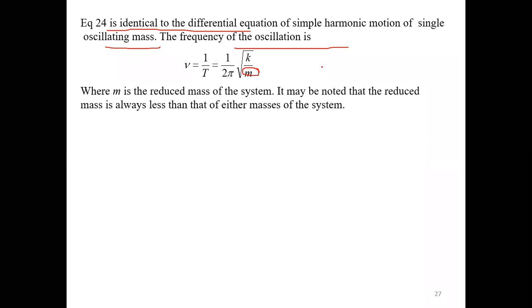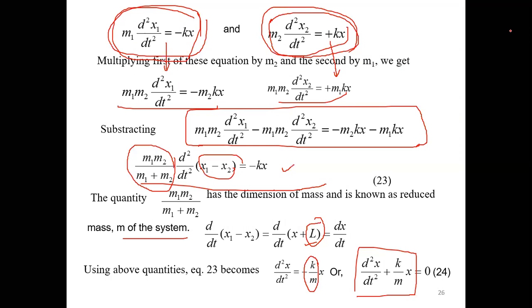Now in this case, m is connected like 1 by m equal to 1 by m1 plus 1 by m2, because you know that m is m1 m2 divided by m1 plus m2. So here m is the reduced mass of the system. It will be noted that the reduced mass is always less than either mass of the system. If you look at it, the reduced mass is m1 m2 by m1 plus m2, so it will always be less than m1 and m2.